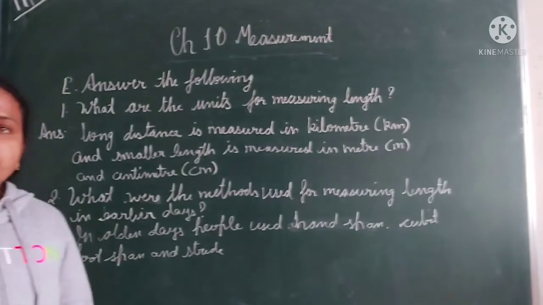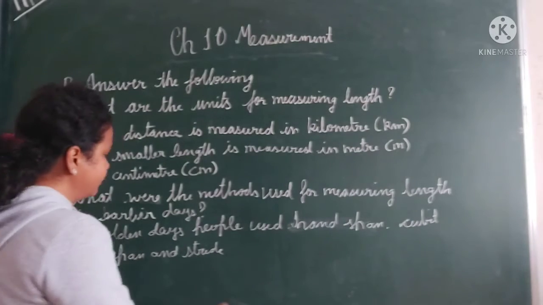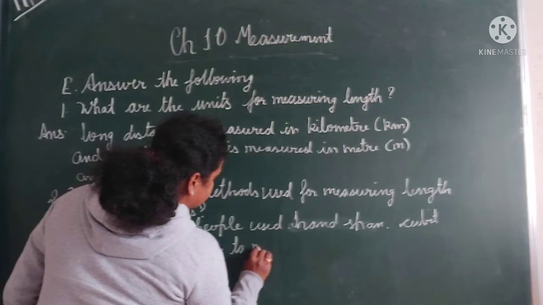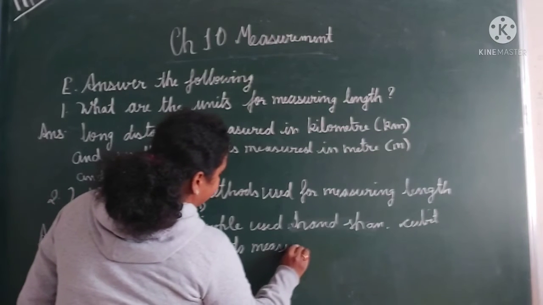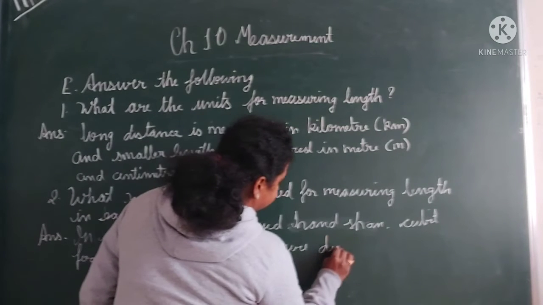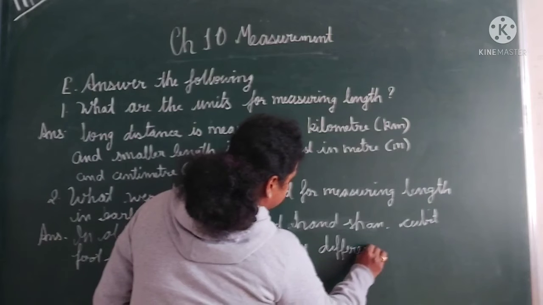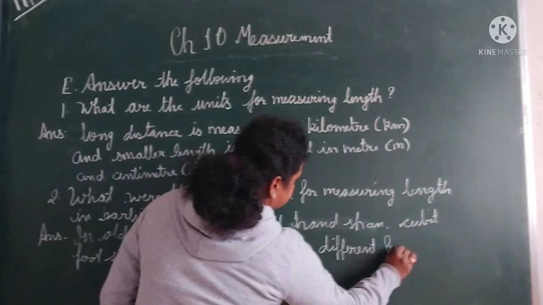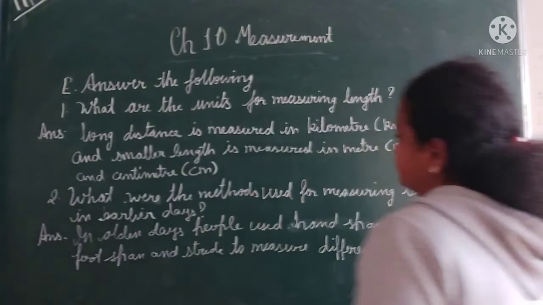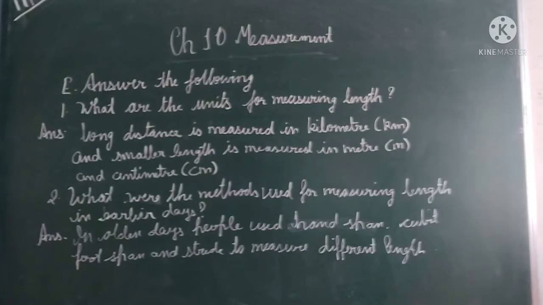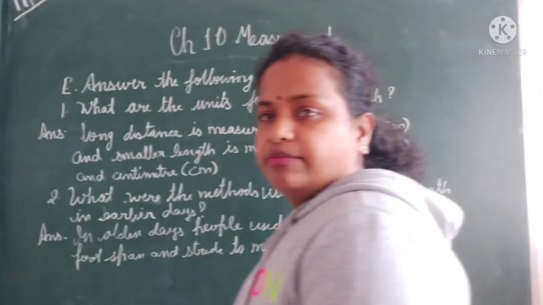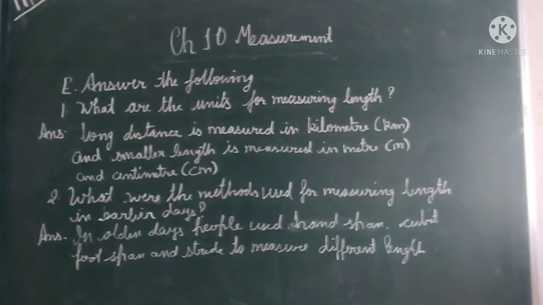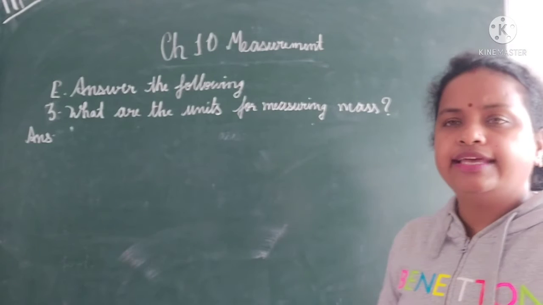They were using these to measure different lengths. So in olden days, people used hand span, cubit, foot span, and stride to measure different lengths. This way they were measuring the length of anything, how long it is. Now see the next question.